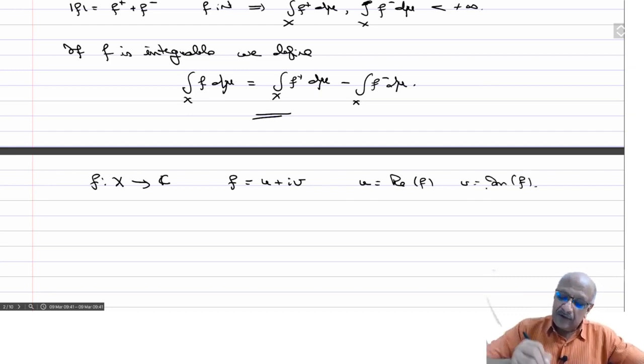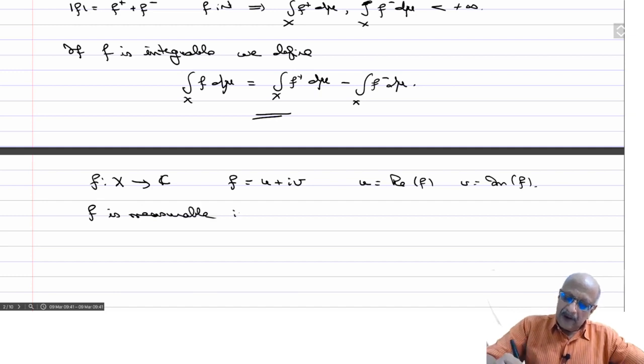Therefore both u and v are real valued functions. So we say that f is measurable if u and v are measurable. f is integrable if mod f is integrable.